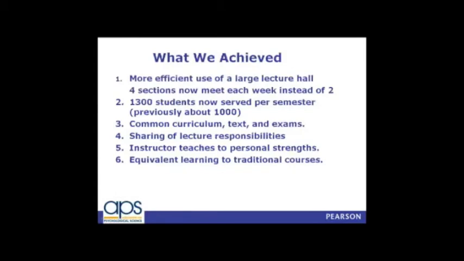What we achieved in the last few semesters is more efficient use of a large lecture hall. We now have 4 sections that meet each week instead of 2. We are now able to serve approximately 1,300 students a semester rather than the 1,000 we used to.